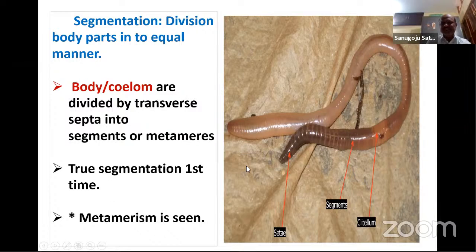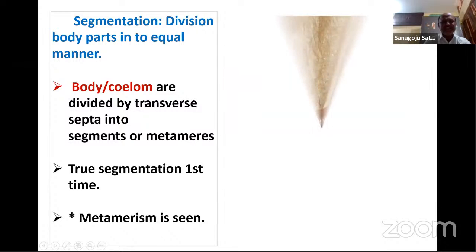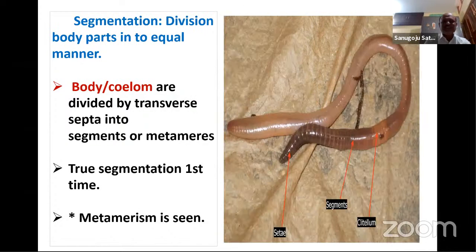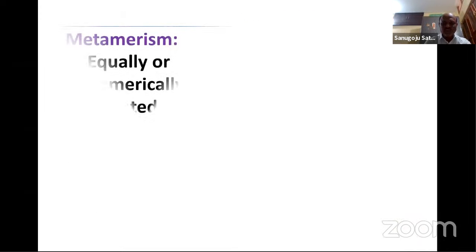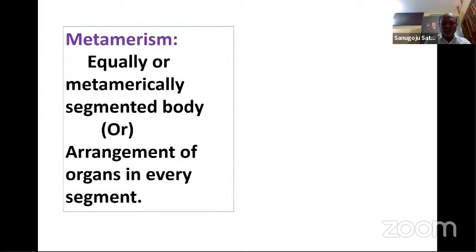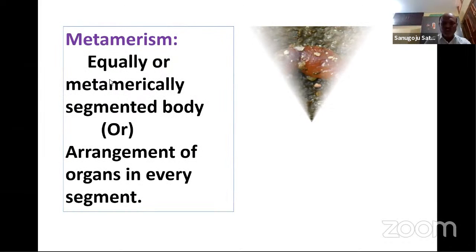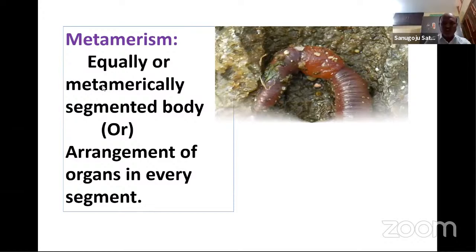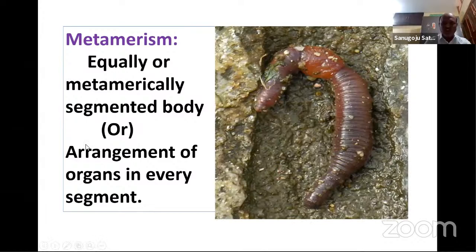And metamerism is seen in this. Metamerism is very helpful for walking and skimming. Metamerism means an equally or metamerically segmented body. In metamerism, there is an arrangement of organs in every segment. In each and every segment, the nephridia, setae and every organ present in the annelids are situated.